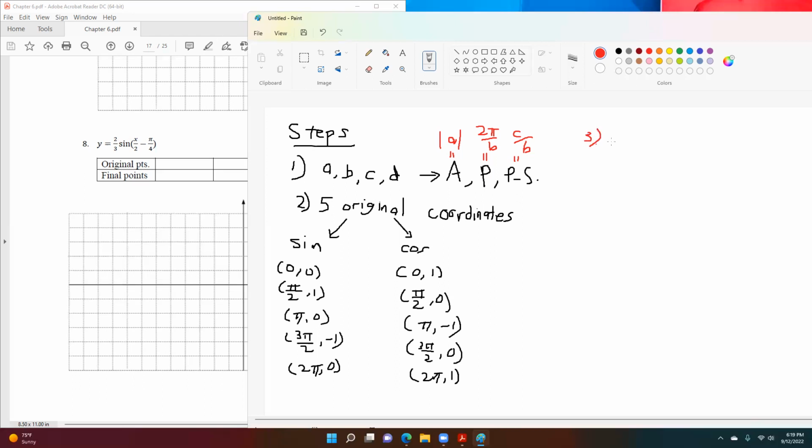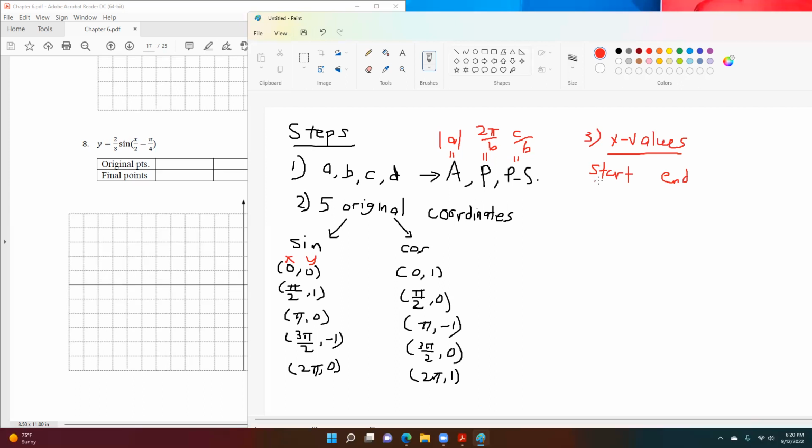The third step is to figure out all your x values. In this case, you have 5 of them. So don't forget, this is your x and this is your y values. In order to figure out the x values, you have to take where it starts and where it ends.